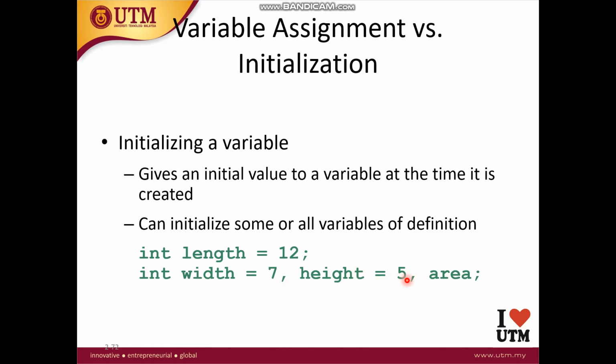Look, we have initialized the height and the width, but we haven't initialized the area. We can initialize some of them, only one of them, or whatever you want. You can even put this in another line or another statement: int height equals 5, int area, and you can do it the way you prefer. So they can be initialized in one statement or in several statements.